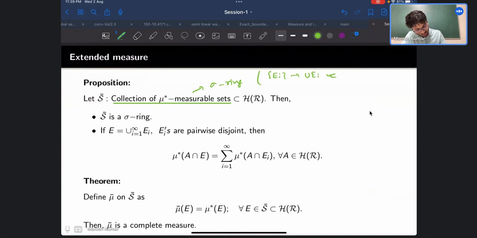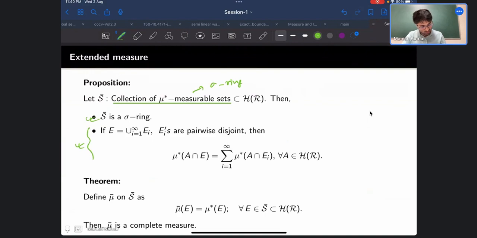This you have seen in the lectures, I guess. And if E and F are measurable, this implies E minus F is measurable, and so it forms a sigma ring. This is another property which you have seen, required to prove that S bar is a sigma ring.